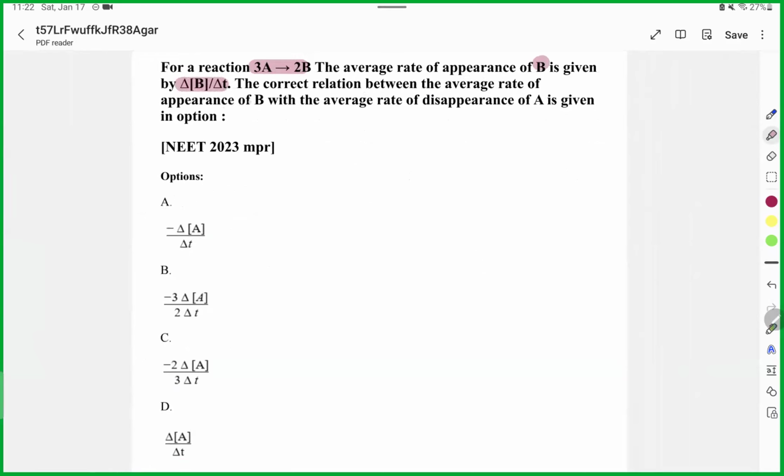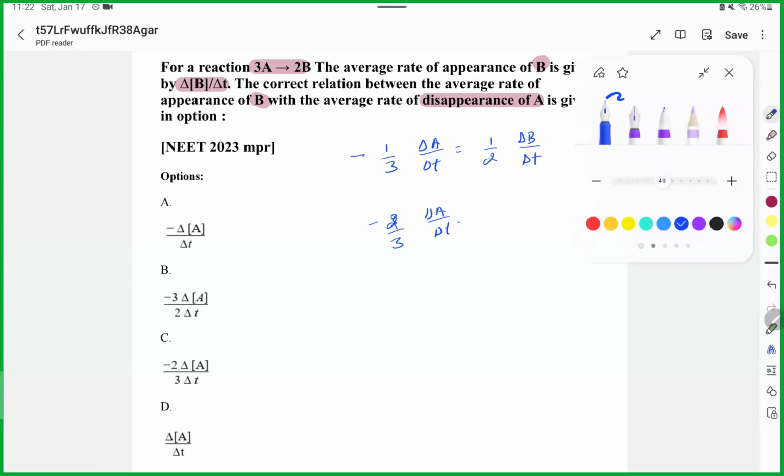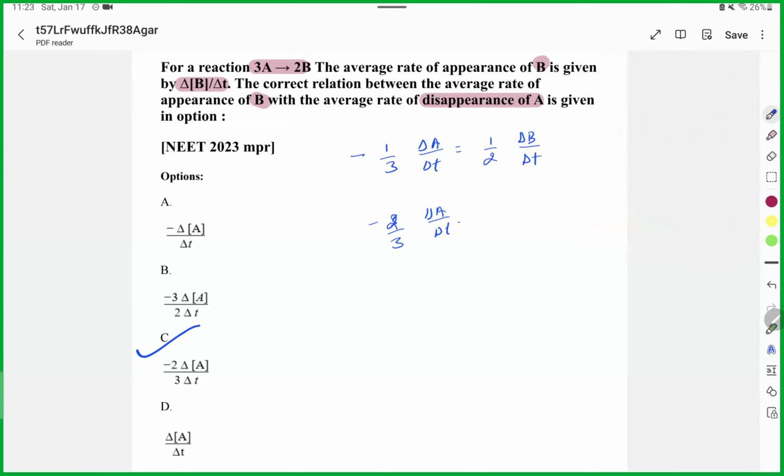The correct relation between the average appearance of B and the average disappearance of A is given by this. Whatever your coefficient is, it will come in the denominator. 2 is the coefficient in the denominator.